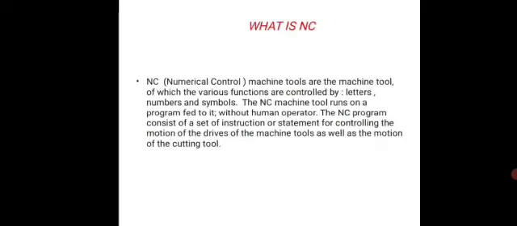What is NC? NC means numerical control. Machine tools of which the various functions are controlled by letters, numbers and symbols. This NC machine tool runs on a program fed to it without a human operator.